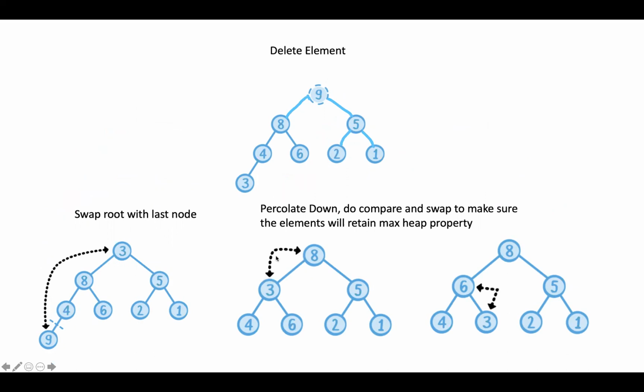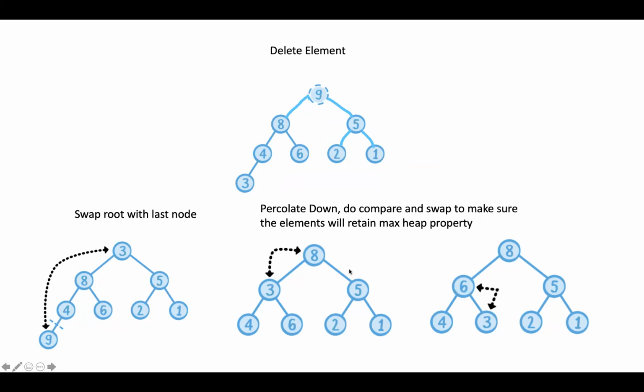Among this case, like 8 and 3, we are swapping 8 here, not 5, because among 3, 8 and 5, 8 has the maximum priority, so 8 will go up. Okay, so basically it is used for swapping.